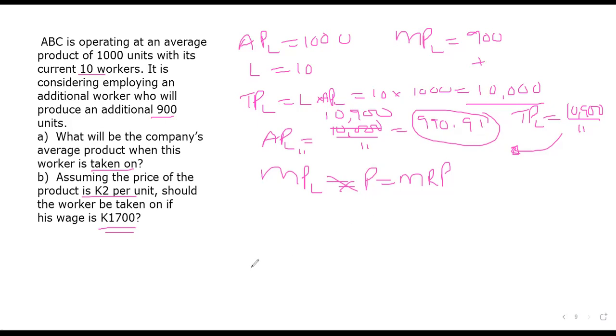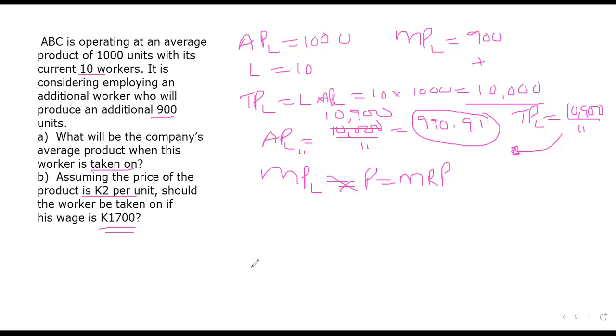So let me make it more practical. We're 11 of us here. Suppose there were 10 of you, and each one of you is contributing 10,000 kwacha. What is the total that the 10 of you produce? It's 10,000 kwacha times 10. Then I want to join your company, and I say I'll be bringing just 900 kwacha alone.